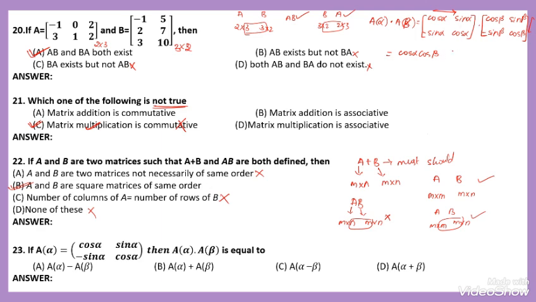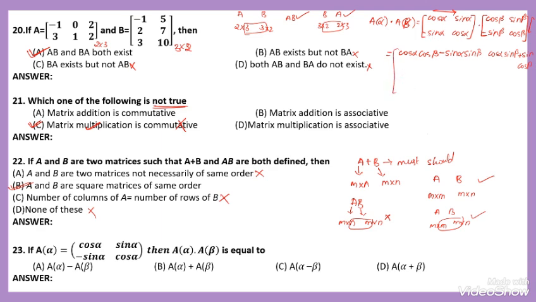Plus, here plus into minus, it should be minus sin alpha into sin beta. Again, first row with second column: cos alpha into sin beta plus sin alpha into cos beta.